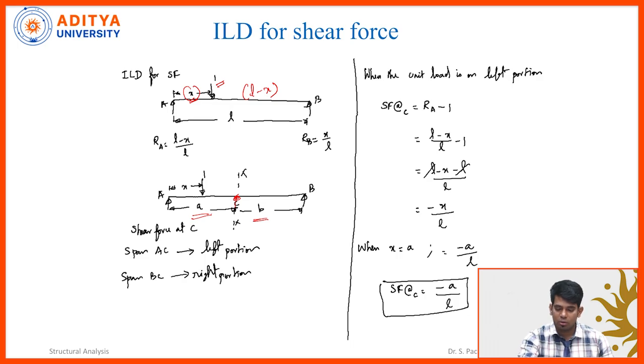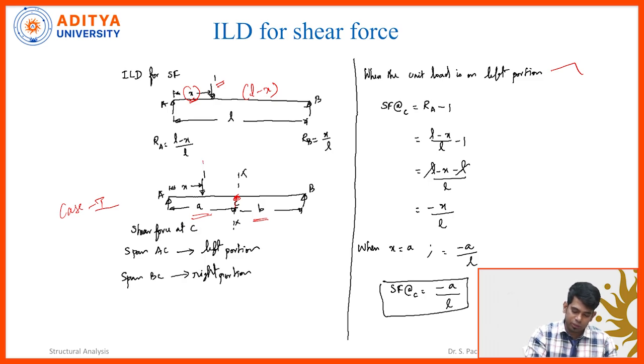When the unit load is on the left portion, this is case 1. Left portion means I have kept the unit force in between the support A and the XX section. Now I am going to calculate the shear force at the point C.